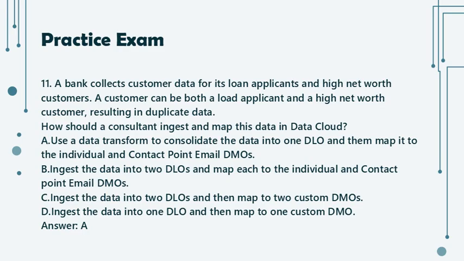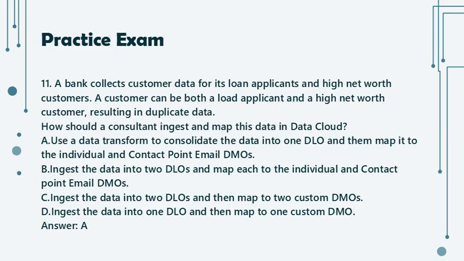11. A bank collects customer data for its loan applicants and high net worth customers. A customer can be both a loan applicant and a high net worth customer, resulting in duplicate data. How should a consultant ingest and map this data in Data Cloud? A. Use a data transform to consolidate the data into one DLO and then map it to the individual and contact point email DMOs.